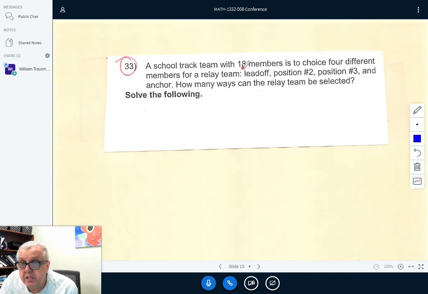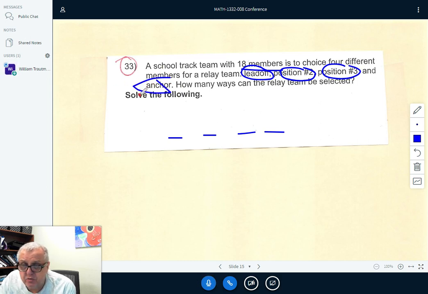A school track team with 18 members is to choose 4 different members of the relay: lead off, position 2, position 3, and the anchor. So they're going to pick 4 spots, and each spot has a different title. So the order matters. The only reason I know a little bit about this is I did run track in high school.